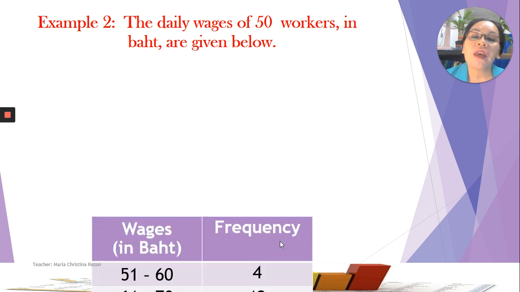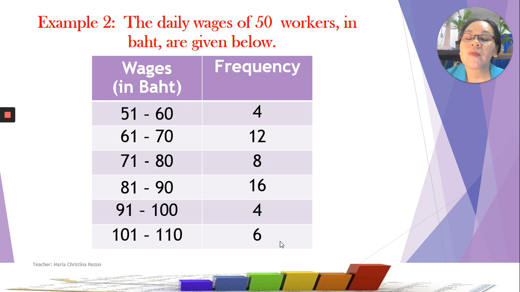So you have here a frequency distribution table, the daily wages or your class interval, and then the frequency column. So for your class interval, you have 50 to 60. And then the second is 61 to 70.